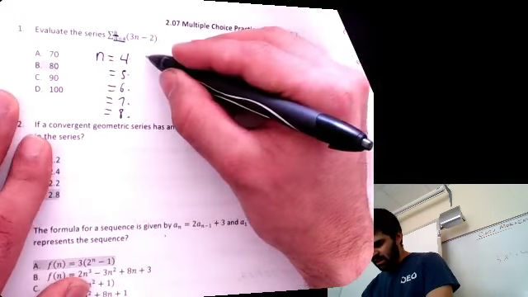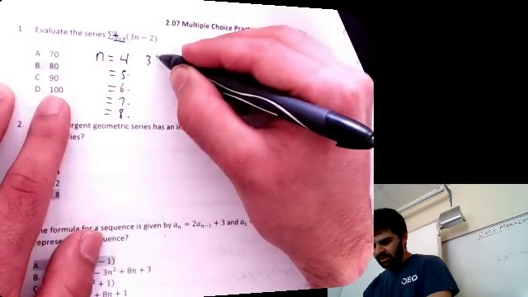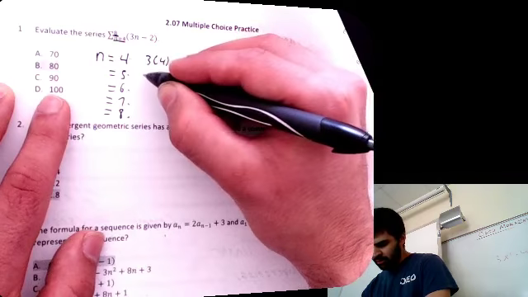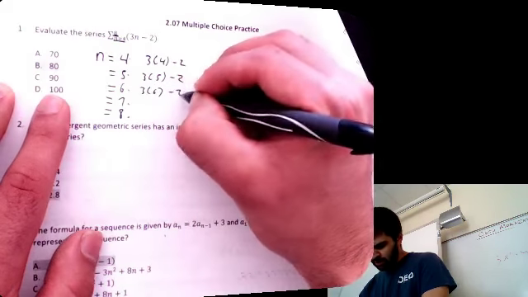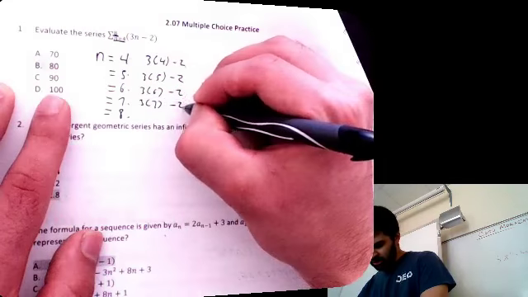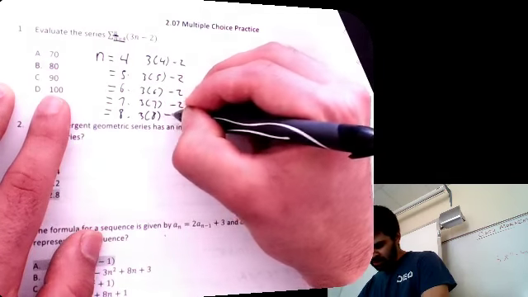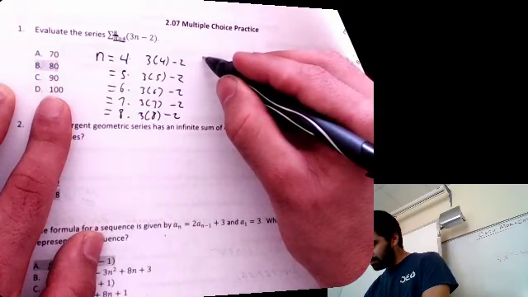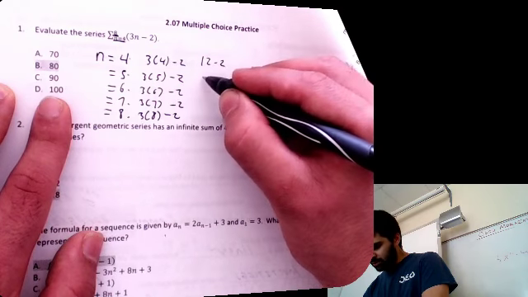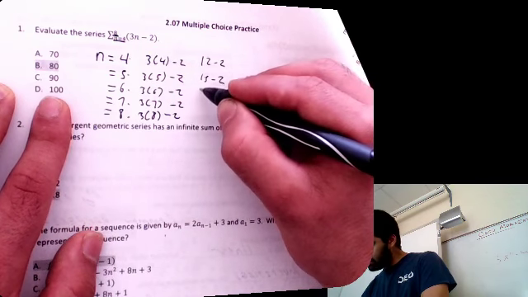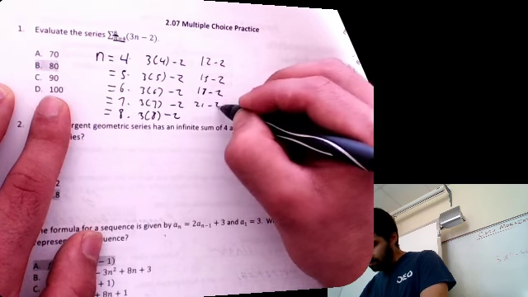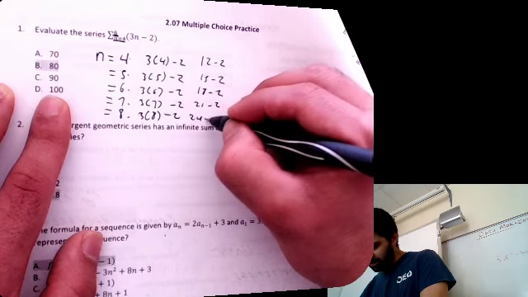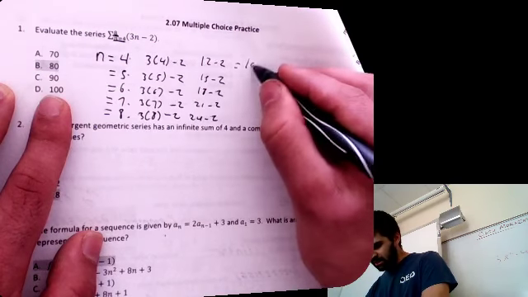So it's going to be 3 times 4 minus 2, 3 times 5 minus 2, 3 times 6 minus 2, 3 times 7 minus 2, 3 times 8 minus 2. So this is going to be equal to 12 minus 2, 15 minus 2, 18 minus 2, 21 minus 2, and 24 minus 2.